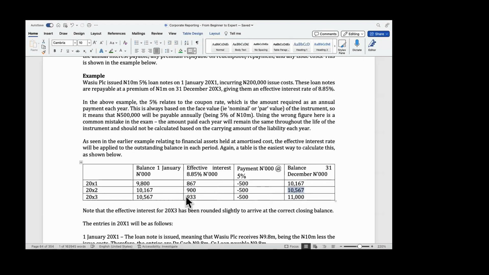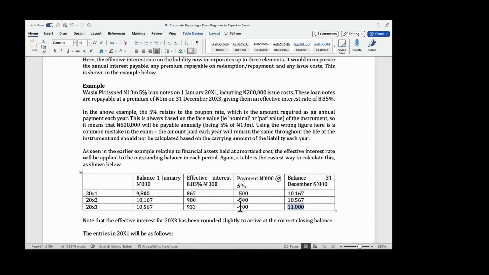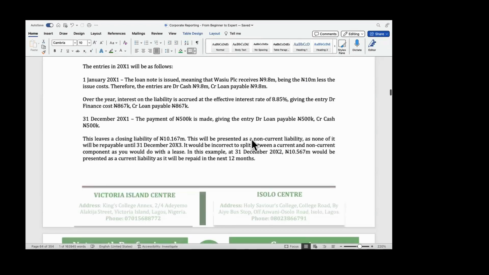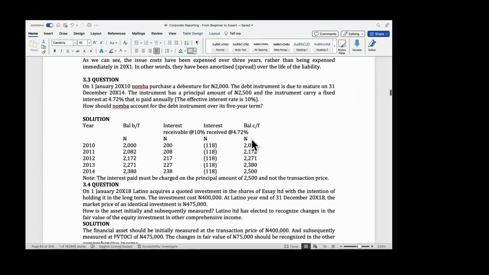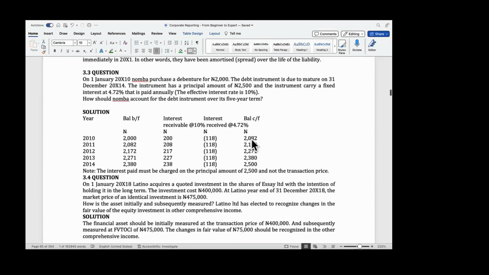In year 3, this 933 is also to P&L. Then I'm going to pay back to settle it out. So it's just similar to what we have done earlier on. Just know that whenever you have the effective interest rate, that is what will suffice, which I've explained here.